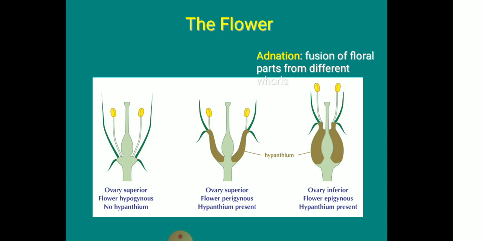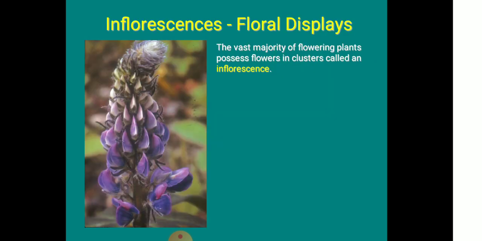the semi-inferior being something in between. Usually if the ovary is in the higher position and the other whorls are arranged from the base of the ovary, then it is called a superior ovary. If the ovary is below and the other floral organs are arranged above the ovary, then it is called an inferior ovary.